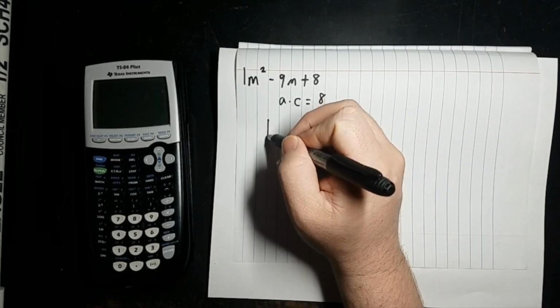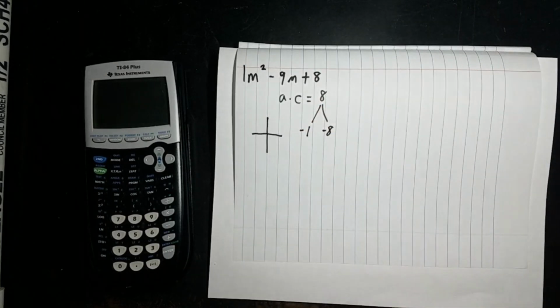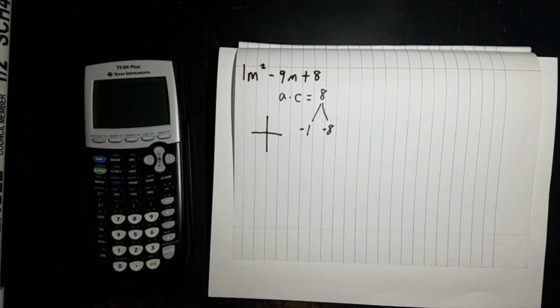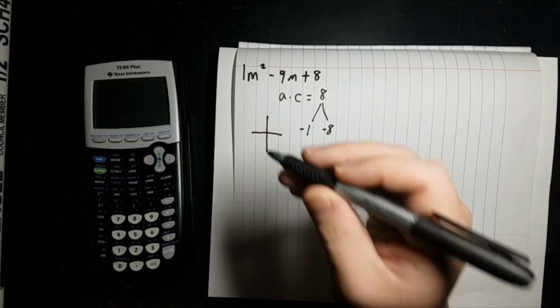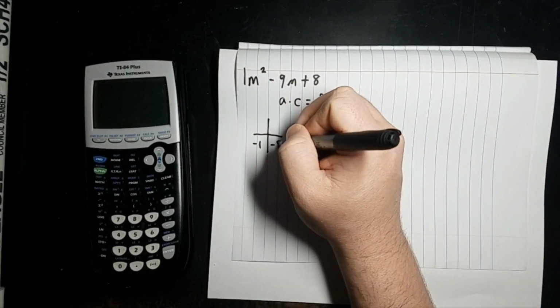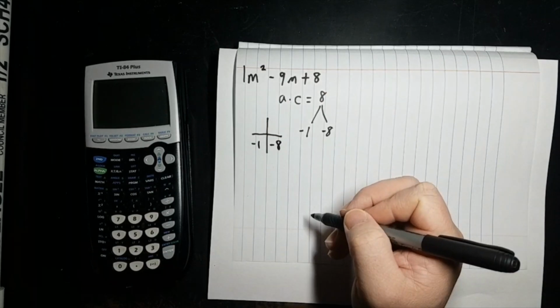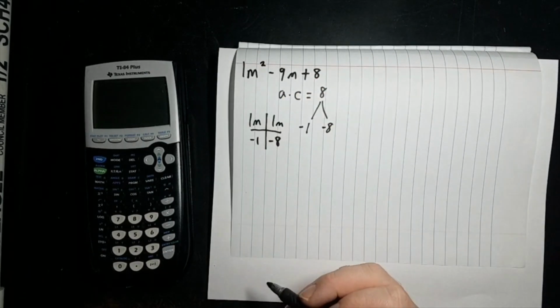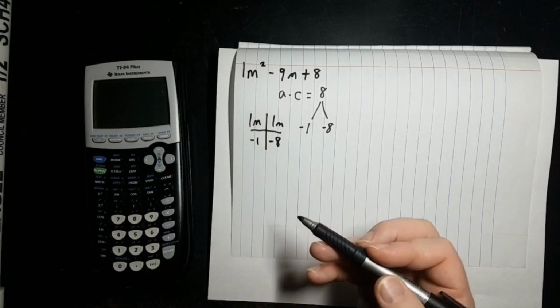So, I go about my t-chart. Now again, for this particular problem, because it was a 1m squared, technically I don't have to do a t-chart. I don't have to do the step 4. But I'm going to do it just so you can see it. Be a negative 1 and a negative 8. My magic numbers go in the bottom. And then in the top, it'd be a 1m and a 1m. Now again, nothing can simplify.